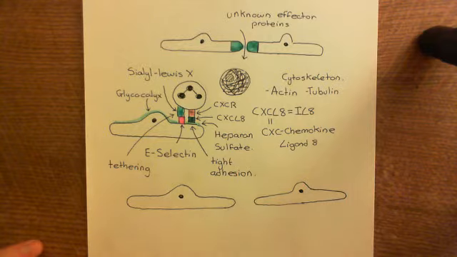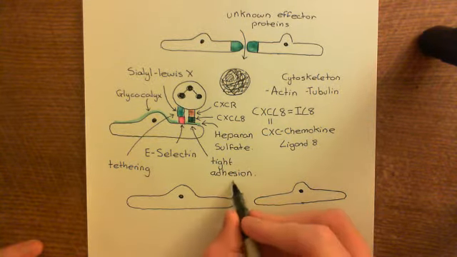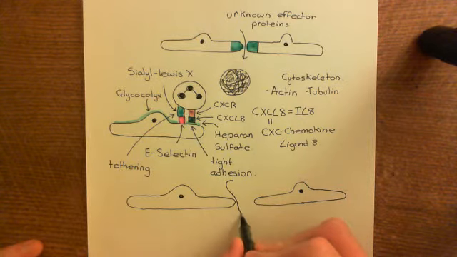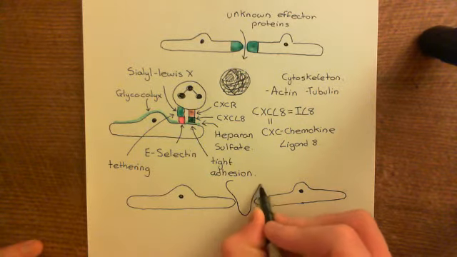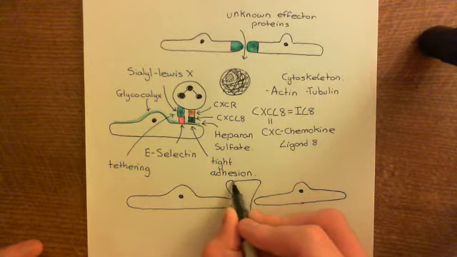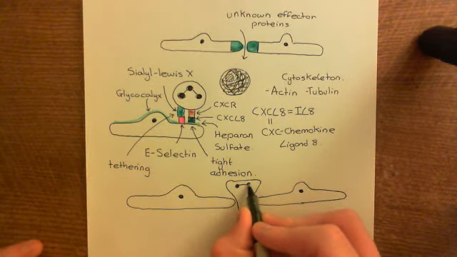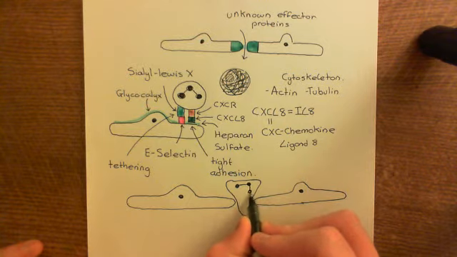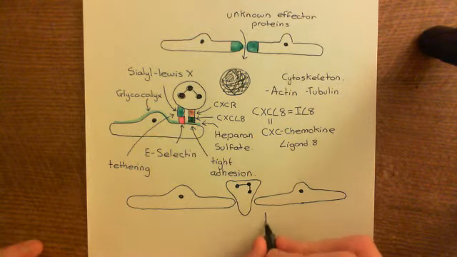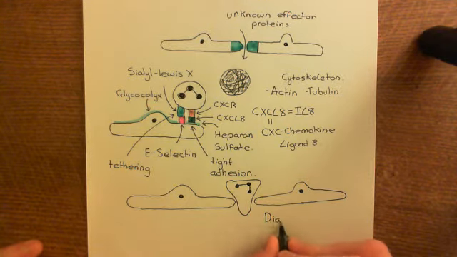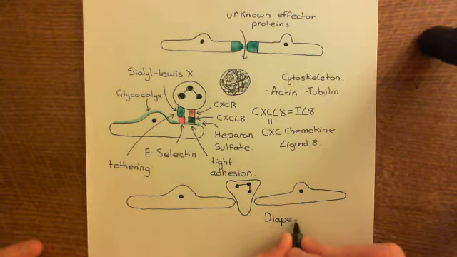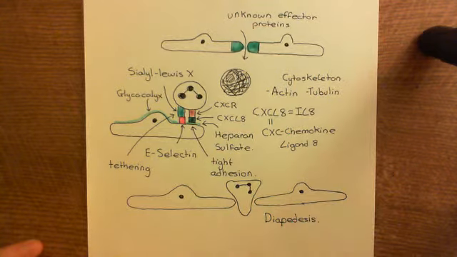So once this neutrophil has bound to the surface of the endothelial cell, what will follow is this process of diapedesis, where basically the cell deforms itself so that it can sliver through the gap between the two endothelial cells. And this process of squeezing through the gap is known as diapedesis, and it's how you extravasate all leukocytes.